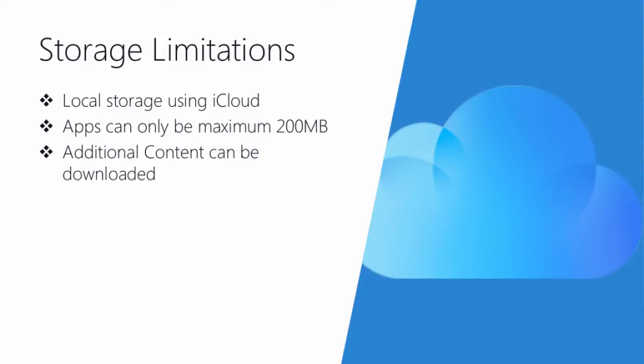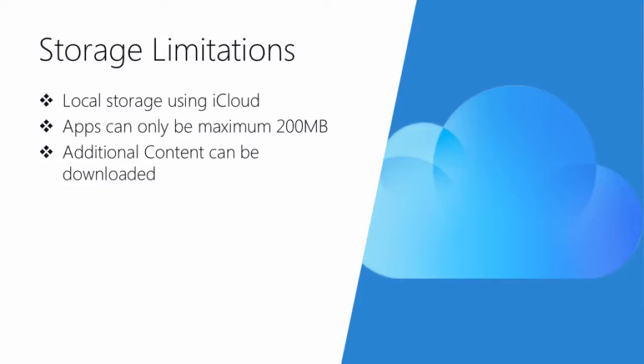tvOS also has additional changes around storage. In fact, the storage of application settings, such as key values and documents, need to be stored to iCloud, as the platform doesn't allow local storage on the device. And this is a change from iOS, where you could easily use the file system in the application sandbox.